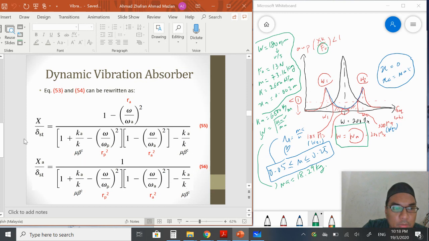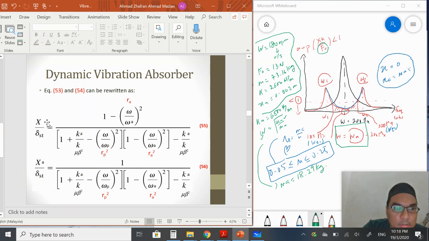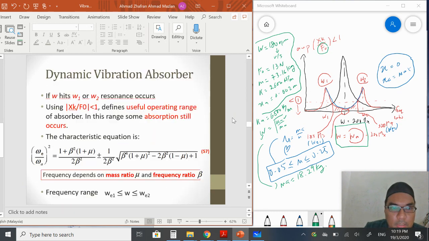When you replace the static deflection here, the amplitude becomes X over (F naught over k). Then you can just replace it with 1 and -1 so that you can find the roots.